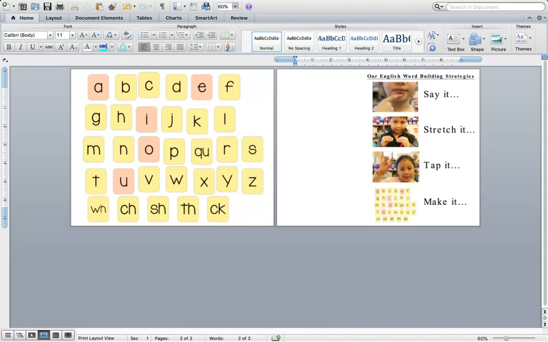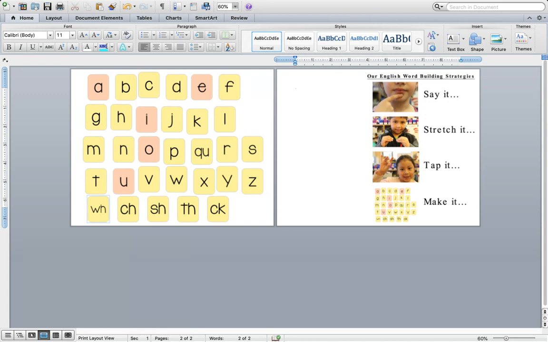Can you point to the two tiles on this board that make the w sound? I see this one. Wind, wind, w. And I also see wh, whistle, w. Which one of these is a digraph?